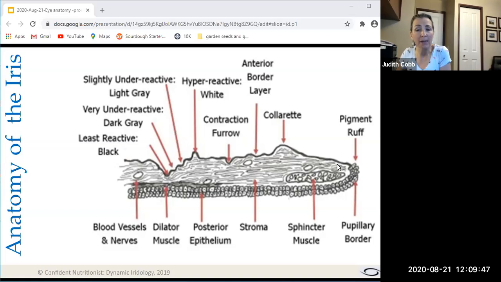This is why in a blue eye that has very little pigment sitting in this layer, we actually see the fiber structure. In a brown eye, which has a lot of pigment sitting in this area, in the anterior border layer, it totally hides the fiber structure of the iris.